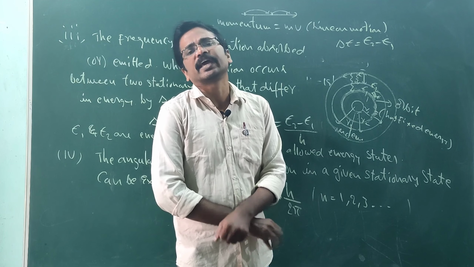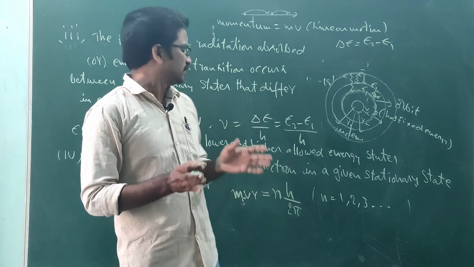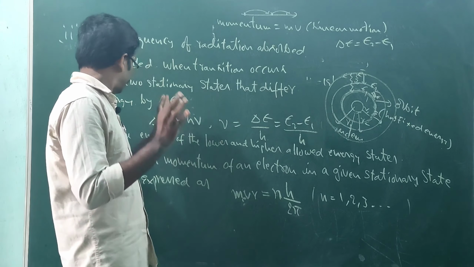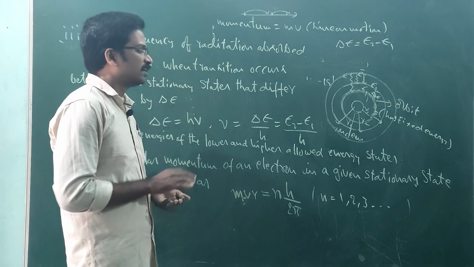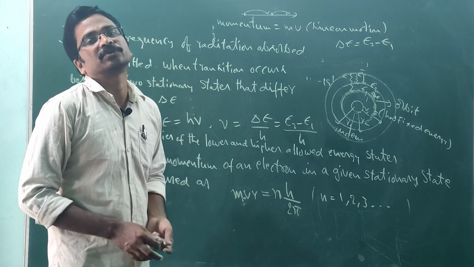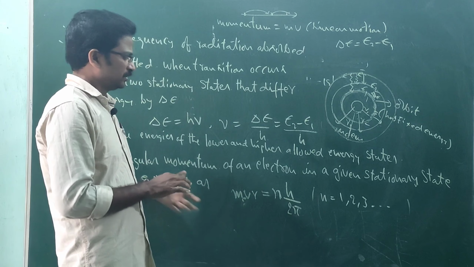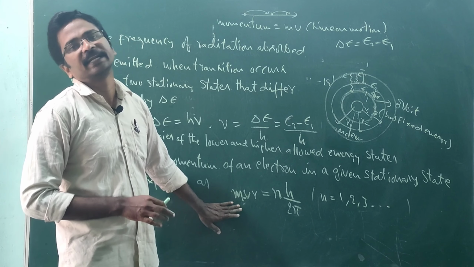You cannot bother about this. You simply read that the angular momentum of an electron in a given stationary state can be expressed as mvr is equal to nh by 2 pi. That's enough. This statement is enough for intermediate.